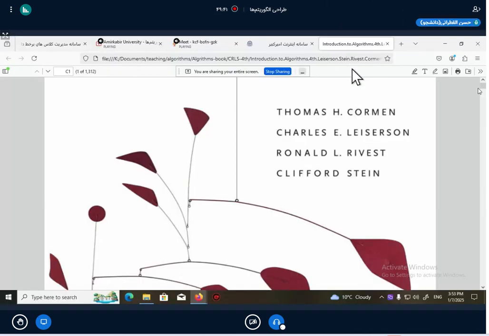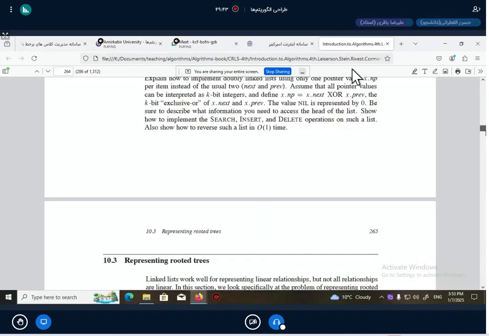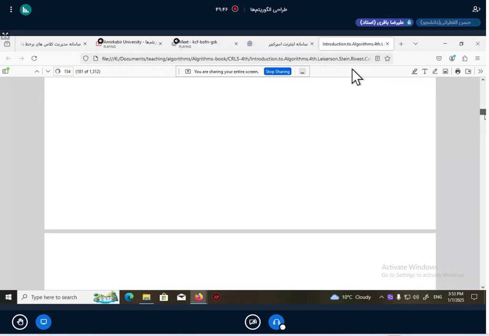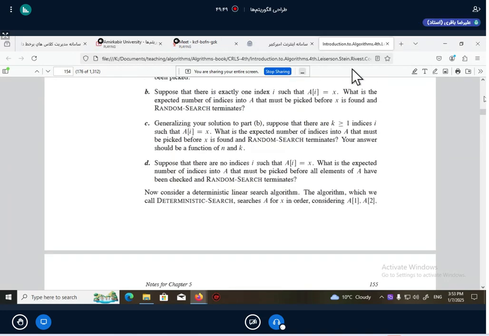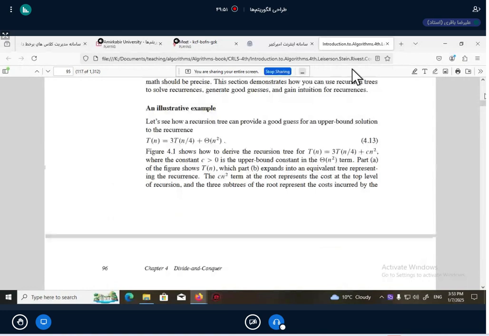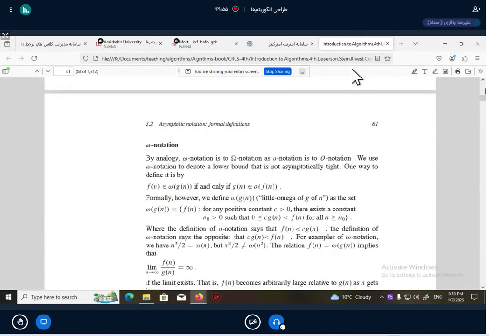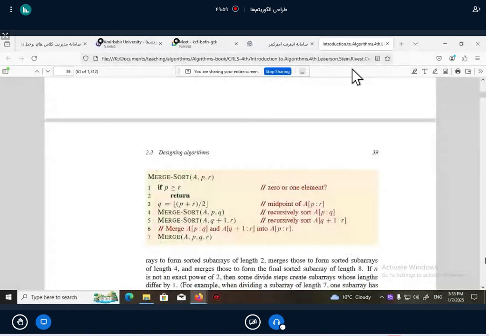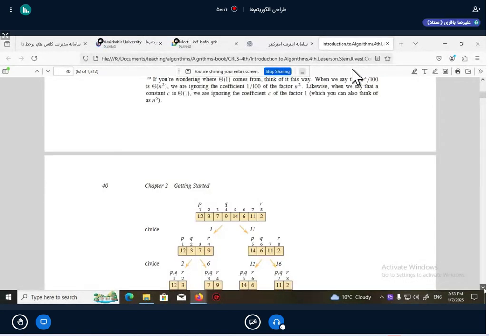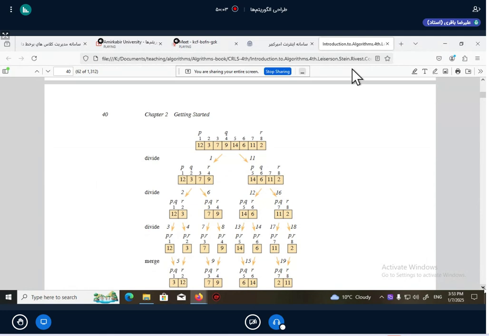Okay. The page number 40. Okay. This is page number 40.